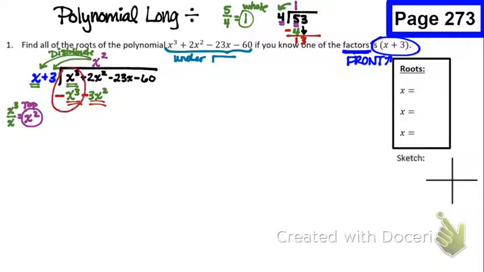What is x cubed minus x cubed? 0. Cancels out. That piece in the front should cancel out when you do your subtraction. What is 2x squared minus 3x squared? Negative 1x squared. There we go. Bring these other 2 pieces down.